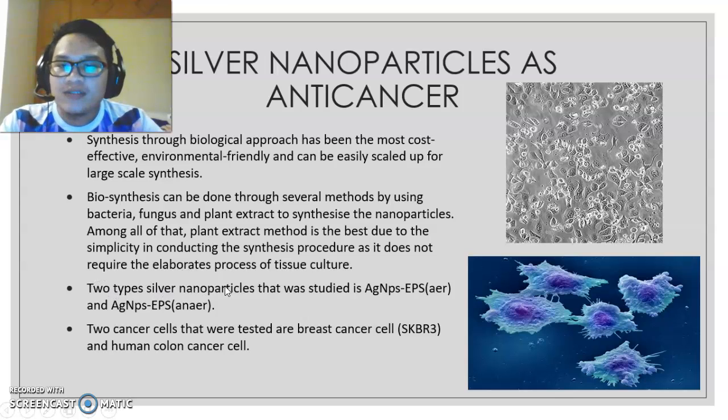Two types of silver nanoparticles were studied: AgNPs EPS AER and AgNPs EPS ANAER. They were tested on two cancer cells, which are the breast cancer cell SKBR3 and a human colon cancer cell.